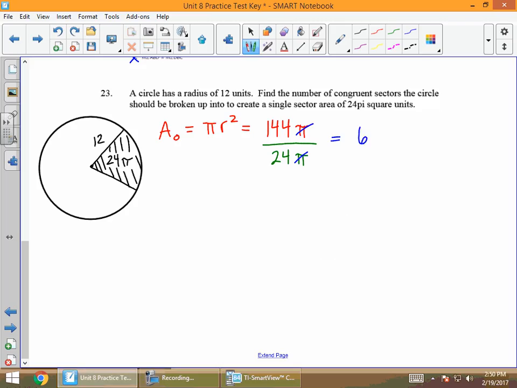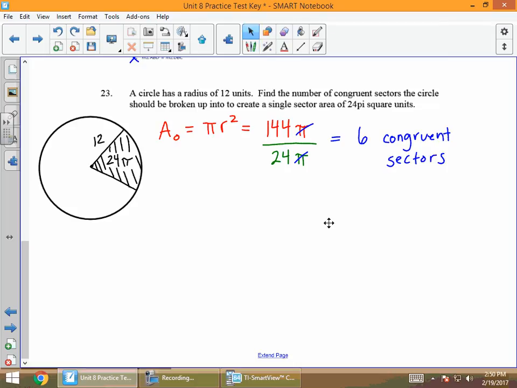So for a circle with a radius of 12, the number of congruent sectors I need is 6. If I have 6 sectors, each at 24 pi, that would give me the 144 pi that I need for the entire circle.